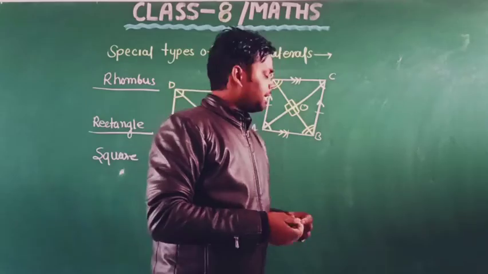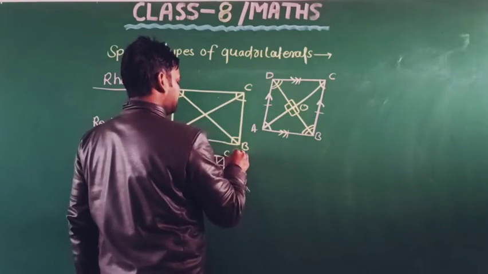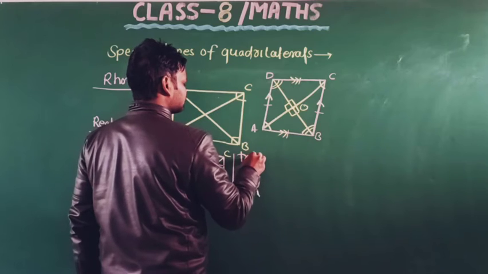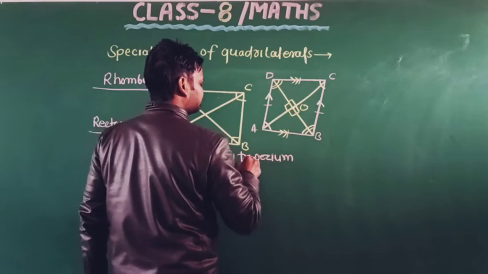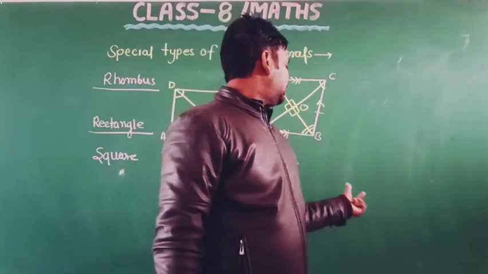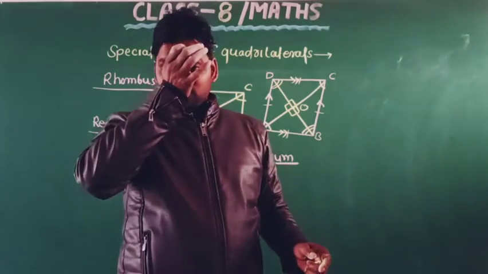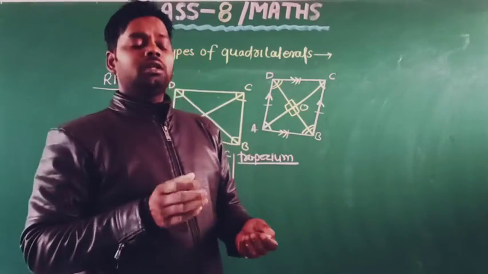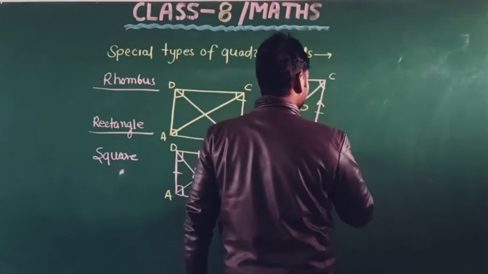Okay, the other type of quadrilateral is trapezium. In a trapezium, one pair of opposite sides is parallel. So its figure is ABCD. Here AB is parallel to CD.